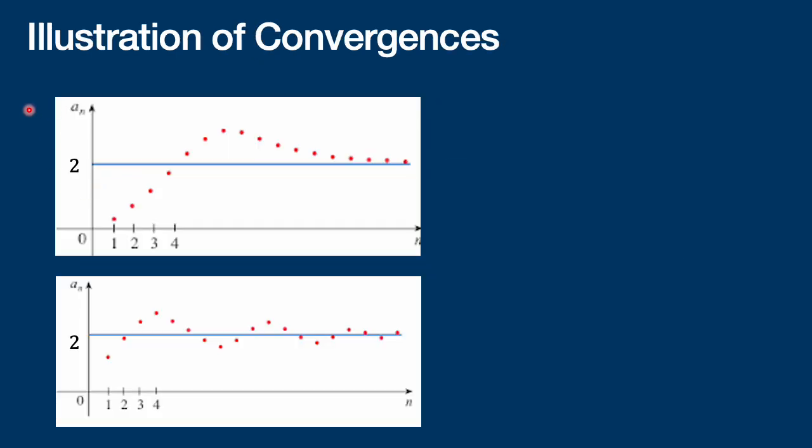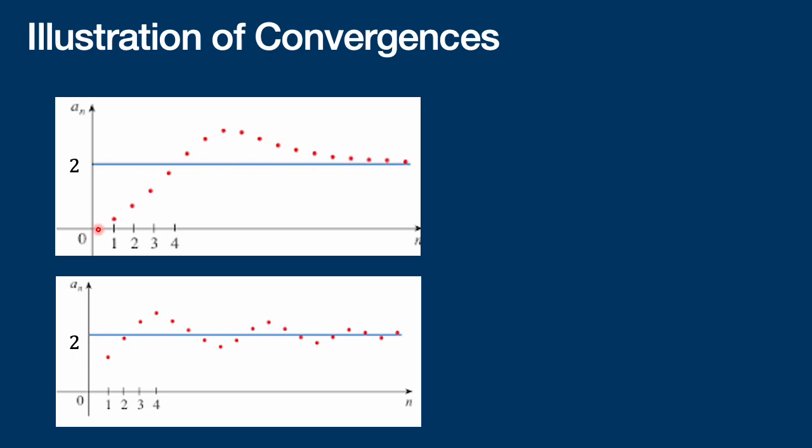Here is an illustration of convergence, guys. Look at this first sketch of a sequence. Each point represents a term of the sequence as n increases. Notice how each term is getting close to y equal 2.